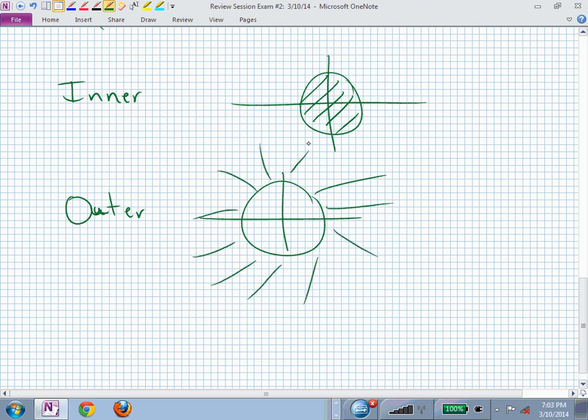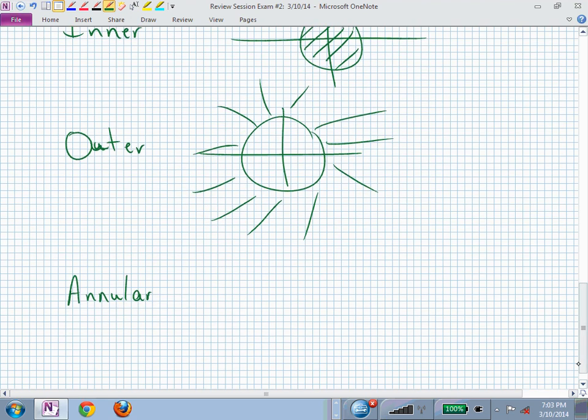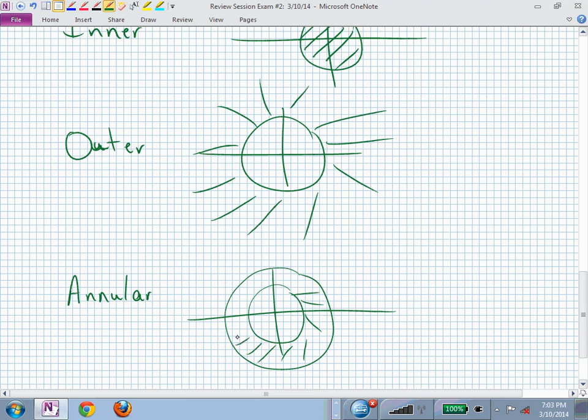These are the 3 types: an inner, an outer, and an annular. And the annular is essentially an intersection of the previous 2 in some manner, meaning the region of convergence is a donut shape. Those are our 3 different types.